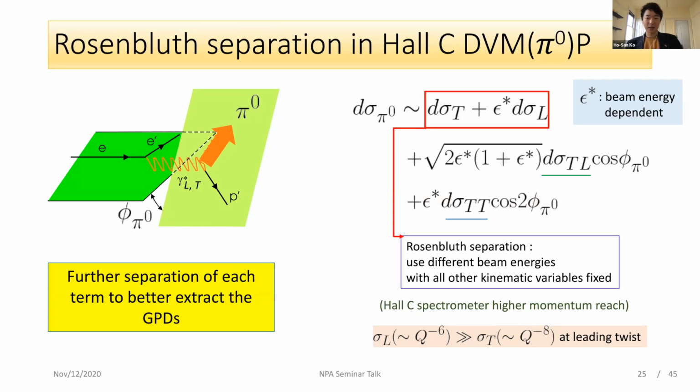As I have said in the beginning, we need different beam energies to separate each sigma T and sigma L term. And thanks to the high momentum range of the spectrometer in Hall C, which detects the scattered electron, we can perform this Rosenbluth separation. By keeping all other kinematic variables fixed, we use different beam energies to separate the T and L terms.